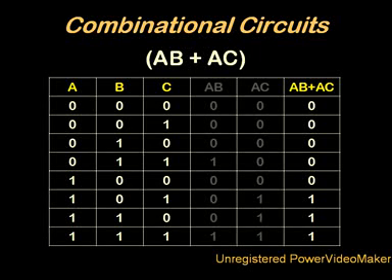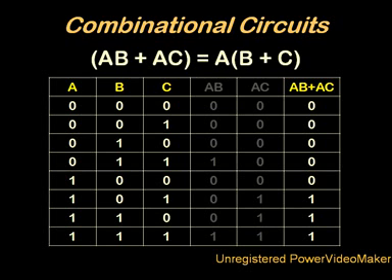Now those of you who have been paying very close attention will notice something very interesting. This is exactly the same truth table that we saw in our previous example. So AB or AC is the same as A and B or C. Boy, that looks a lot like algebra up there on the top. And as we'll see later on, it really is, although it's a special kind of algebra, Boolean algebra.